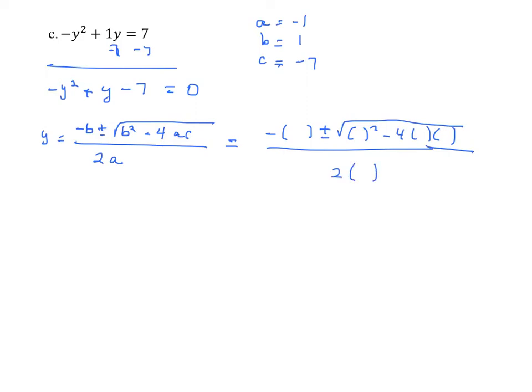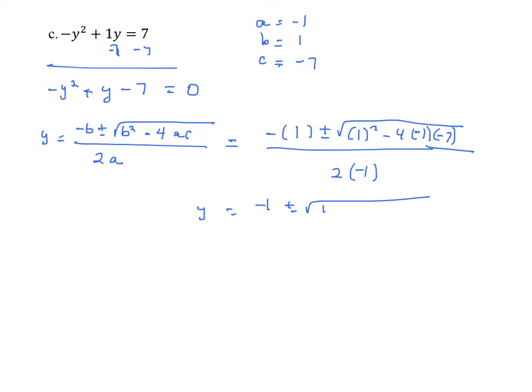So we're going to put in negative b, which is negative 1, b squared, 1 squared, 4a is negative 1, c is negative 7, all over 2a, negative 1. So y equals negative 1 plus or minus the square root of 1. Okie dokie artichokey.